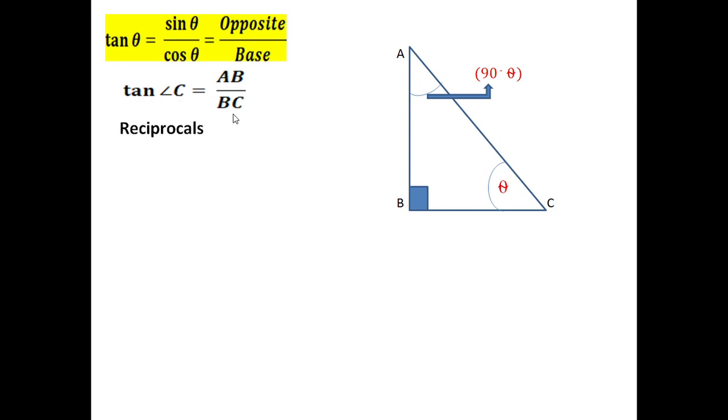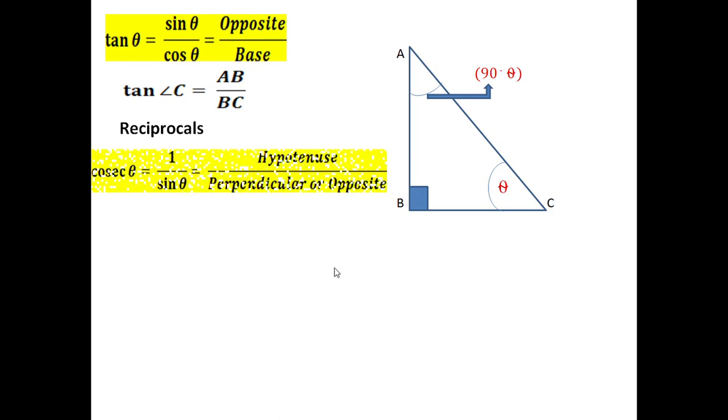Now, the reciprocals of these three ratios that we have discussed, sine, cos and tan. Reciprocal of sine theta is cosec theta. So cosec theta is equal to 1 by sine theta, and therefore it will become hypotenuse by perpendicular or opposite, as sine theta was opposite by hypotenuse.